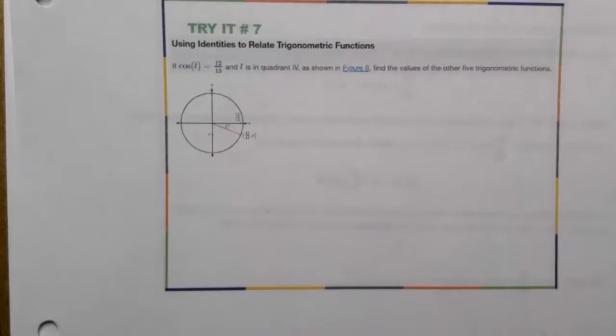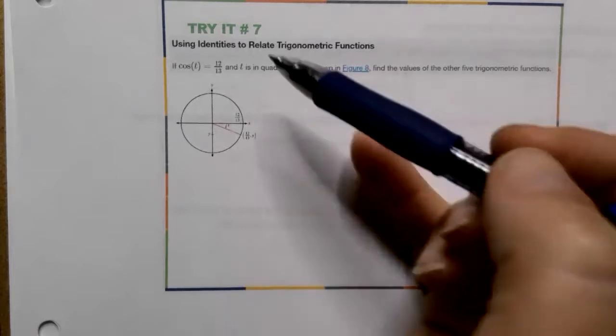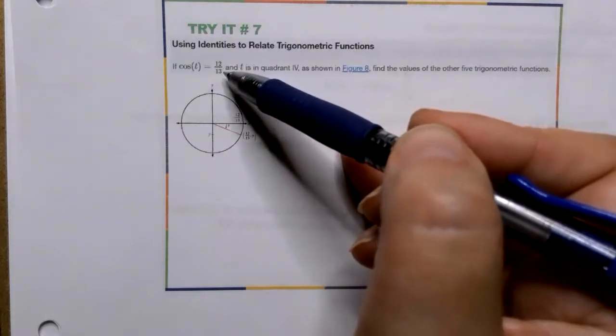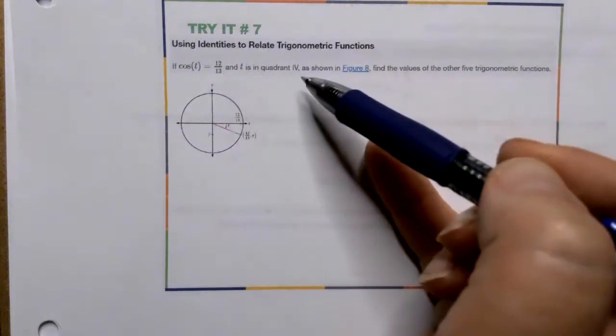So now I want you to try using trigonometric identities to find the values of the remaining functions for this angle. It says the cosine t is 12 over 13, and t is in quadrant 4.